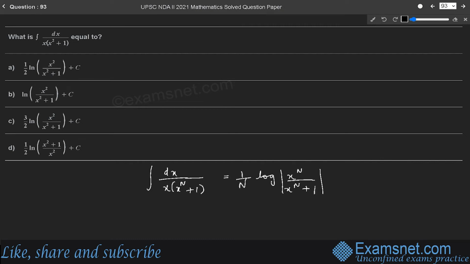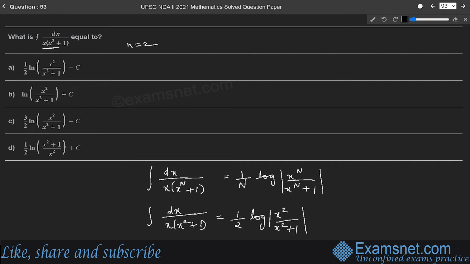This is the basic concept here. In the question, n is equal to 2. Therefore, the integration of dx upon x into x square plus 1 will be equal to 1 by 2 log x square upon x square plus 1.